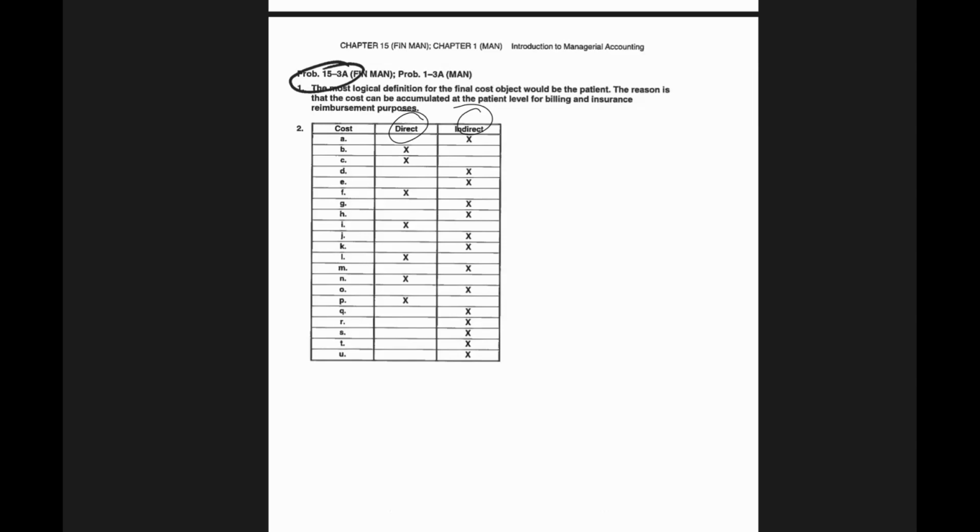In this case, it says this is a partial list of the medical center costs. What should this medical center's most logical definition be for this final cost object? Like letter B, it says blood tests. Well, that's what we do. Letter A, advertising. Well, that's an indirect cost.